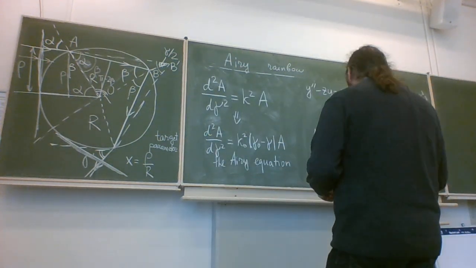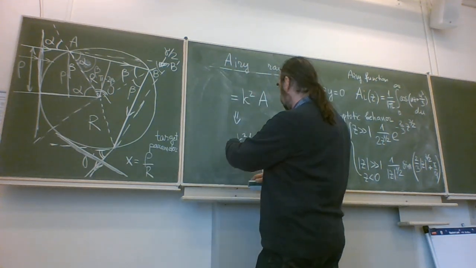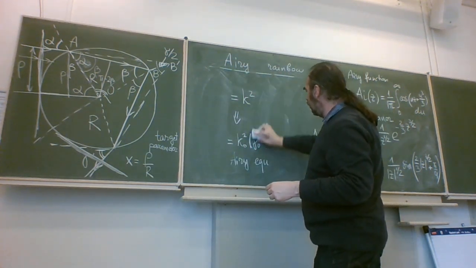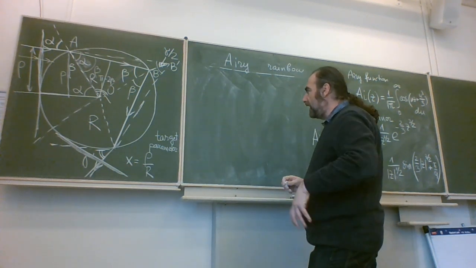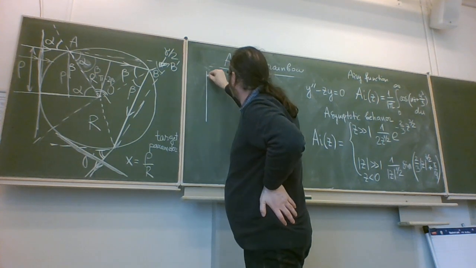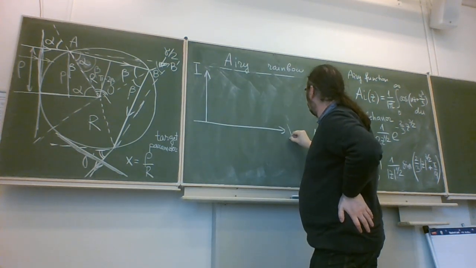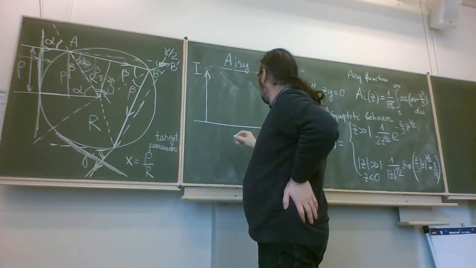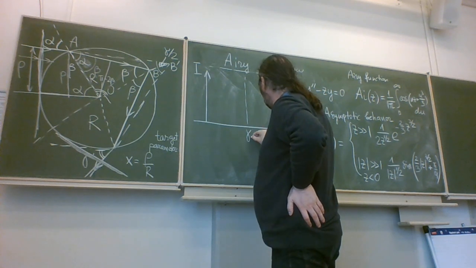And now, if we apply this to this equation, which I already half erased, we can estimate the intensity of the Airy rainbow as a function of gamma. So remember, for the Descartes rainbow, we had a singularity at gamma naught.